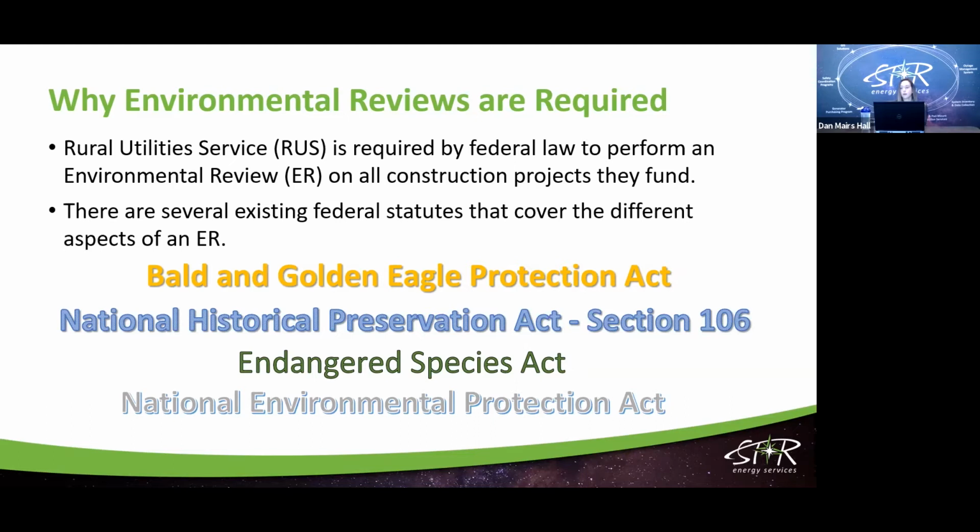There are actually several existing federal statutes that need to be looked at with an ER, and some of those include the Bald and Golden Eagle Protection Act, the National Historic Preservation Act, Section 106 that you all know about, the Endangered Species Act, and the National Environmental Policy Act, NEPA.